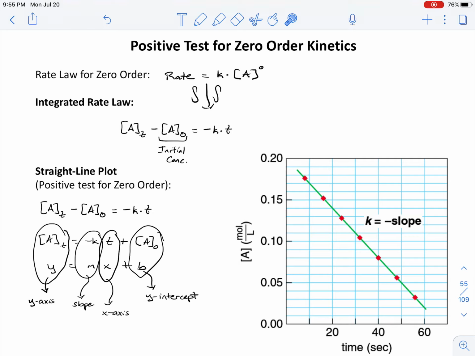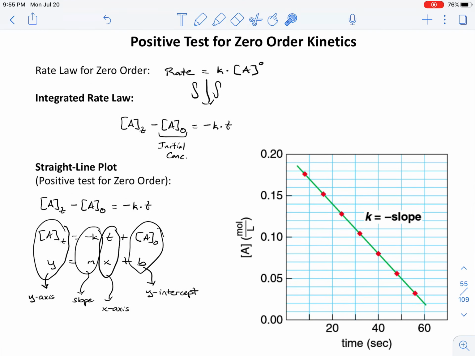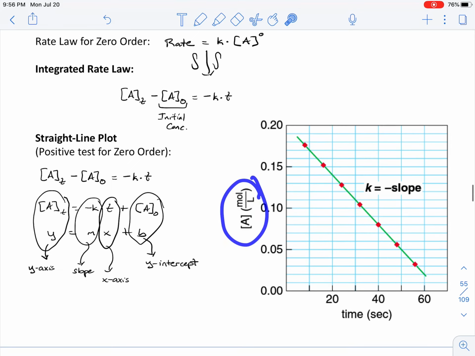If the points do not match up, for example, if it curves one way or the other, so it is not a straight line with a negative slope, then the reaction is not undergoing zero order kinetics when you plot the concentration of the reactant against time.